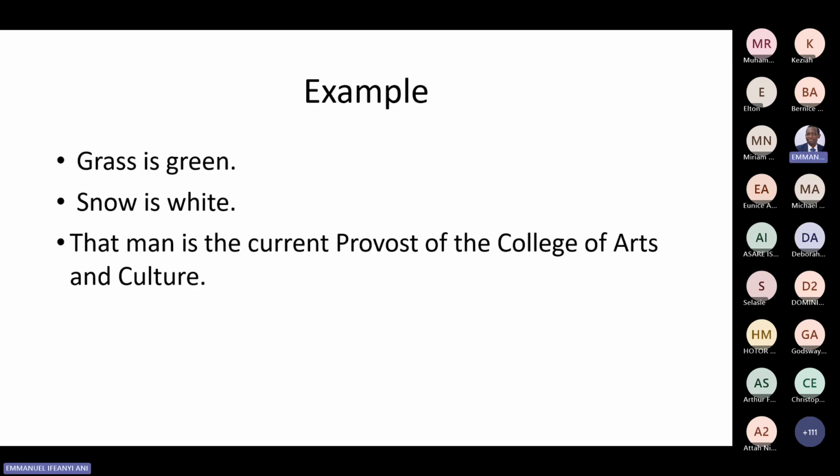Example: grass is green, snow is white. That man is the current provost of the College of Arts and Culture. These are factual statements. You can disprove them by doing what? By providing the facts.